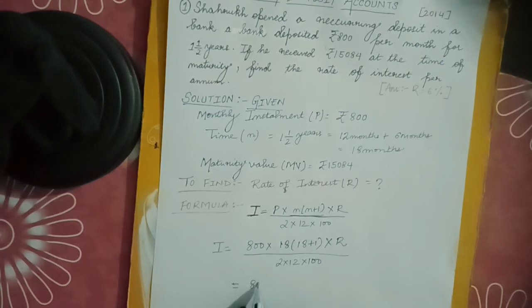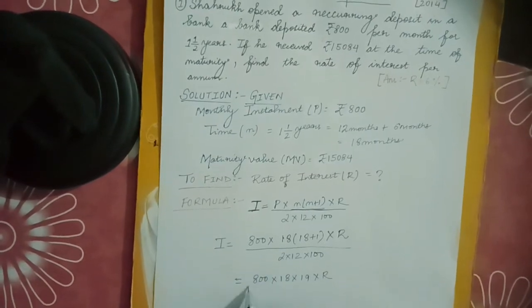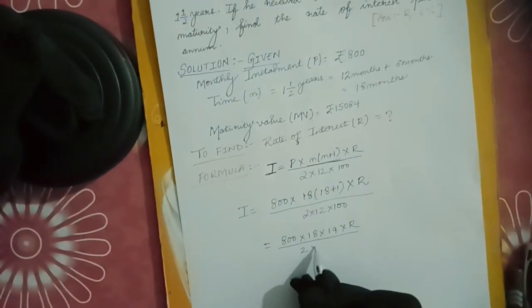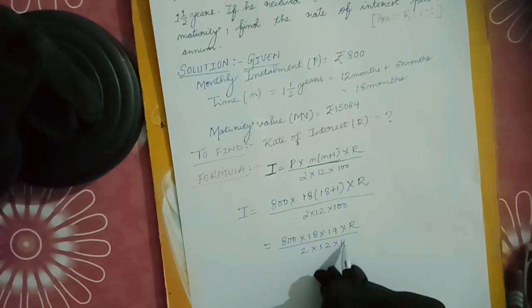So here it would be 800 into 18 into 19 into R by 2 into 12 into 100.